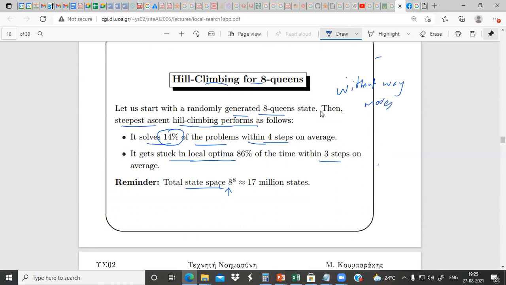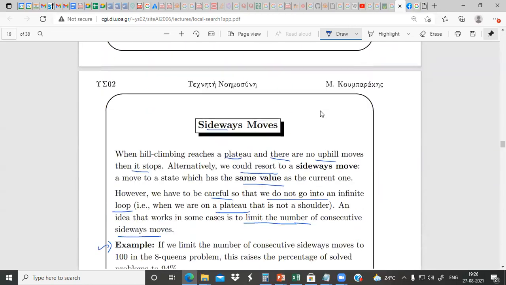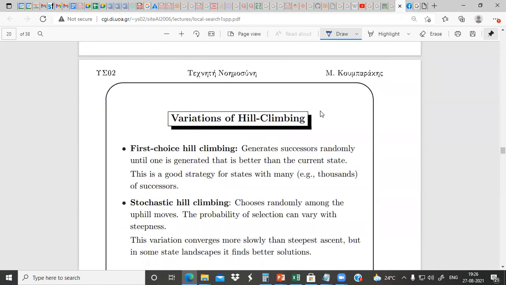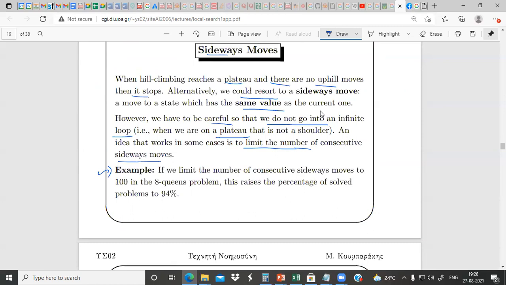But when we apply sideway moves for this algorithm, assume that 86% of the time it will get stuck in local maxima. So whenever it gets stuck in local maxima, if we allow consecutive sideway moves up to a maximum of 100, the 8 queen problem's success rate increases to 94%. You can see this.